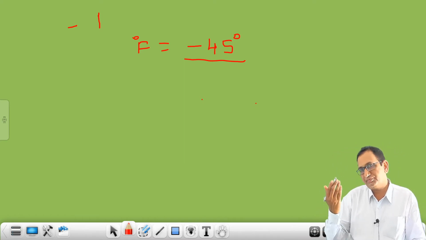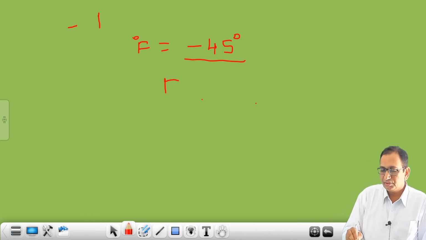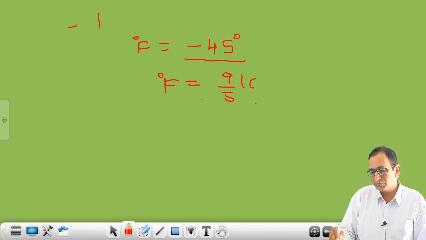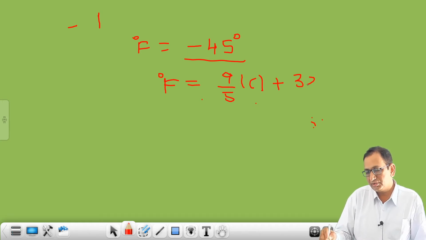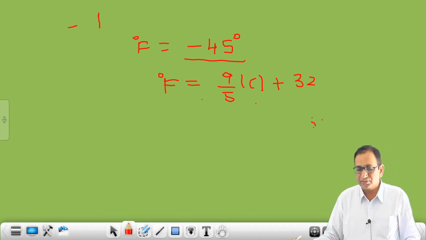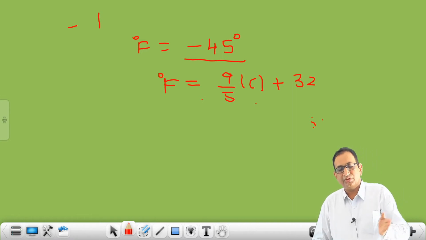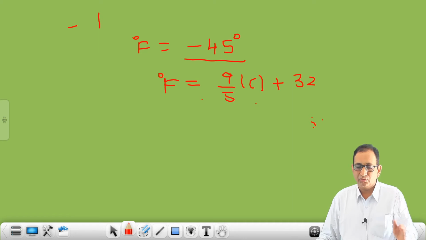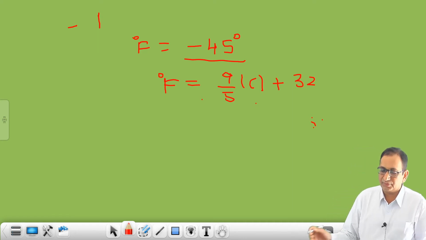So formula same, you have to write degree Fahrenheit is equal to 9 by 5 into C, then plus 32. Okay, students. Now in place of F, Fahrenheit, we have to put minus 45.